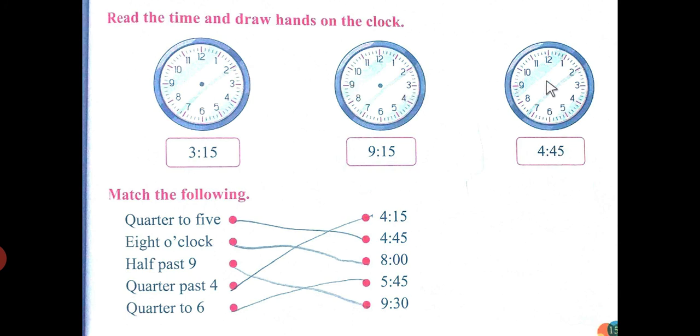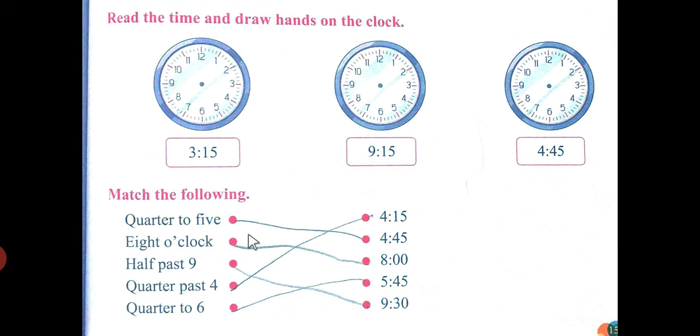So 4:45 means the hour hand will be between 4 and 5 and the minute hand will be on 9. You can say that it is 4:45, 15 minutes still left to be 5 o'clock.